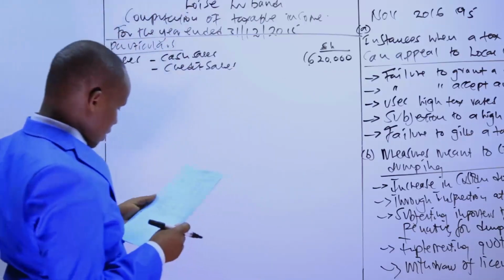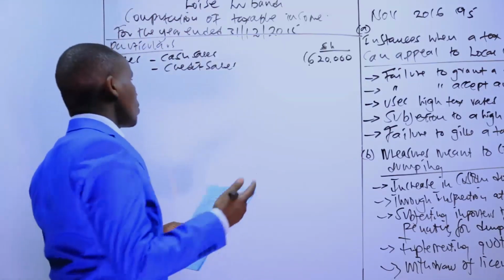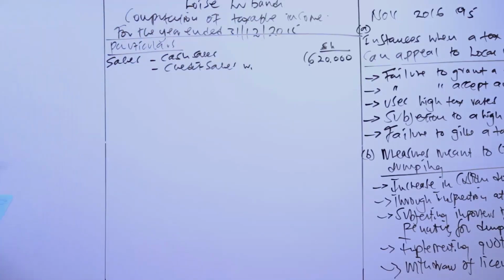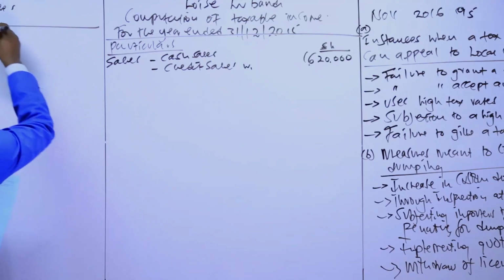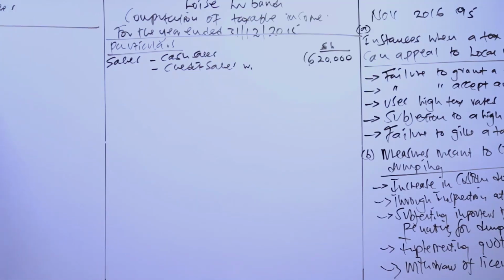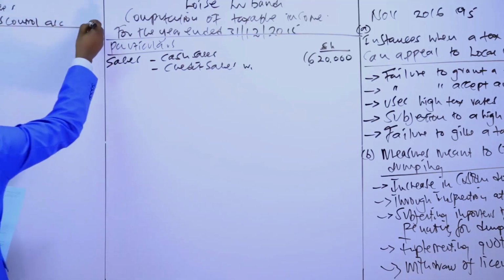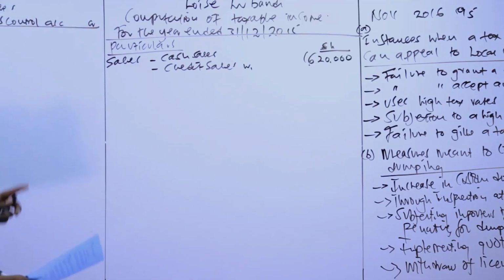But for the credit sales, I have to do a working, so I will prepare working one, calculation of credit sales. In order to calculate credit sales, we need to prepare the receivables control account. We put the balances and any other item that affects this ledger.